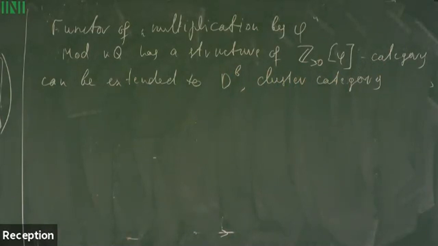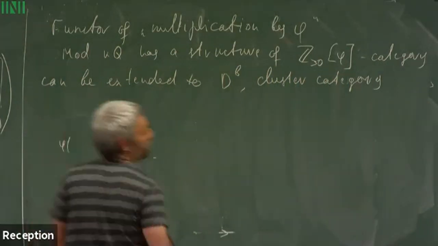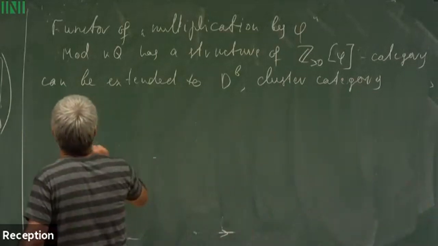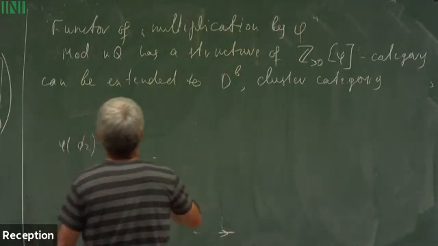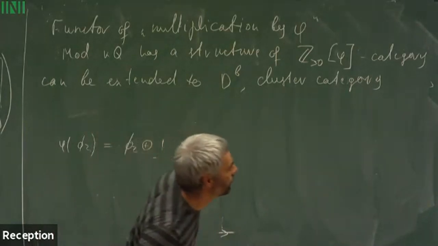In that case, when you are applying to this 0 phi, you are getting an object which is not indecomposable anymore. Yeah. So if I multiply phi by say phi 2, I will get phi 2 plus 2.